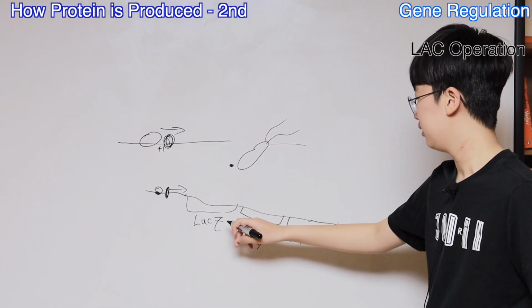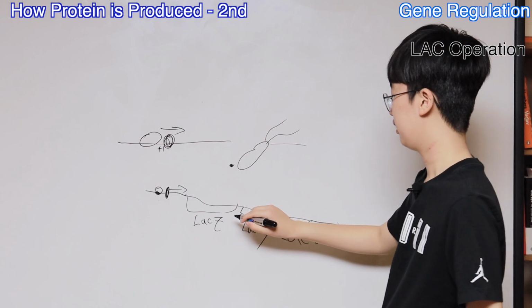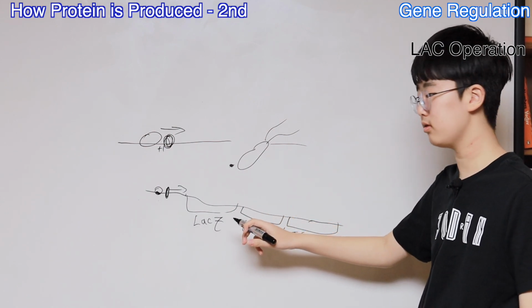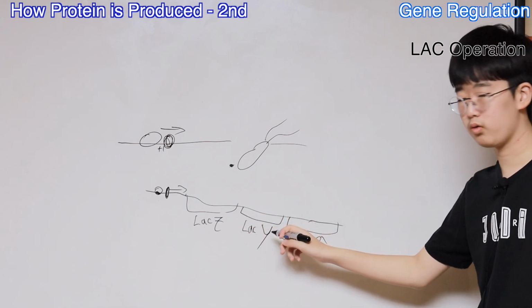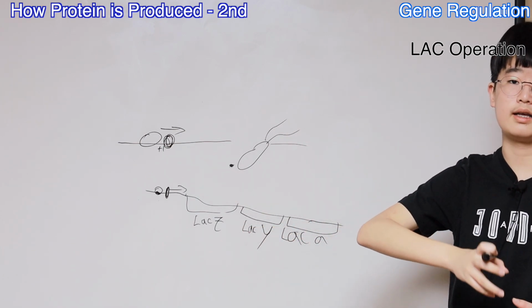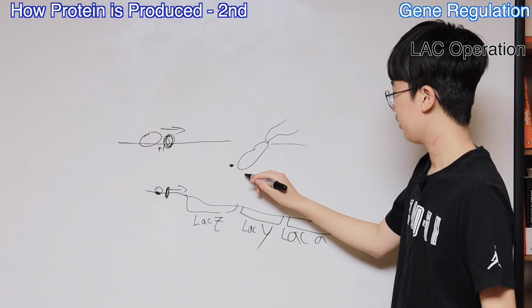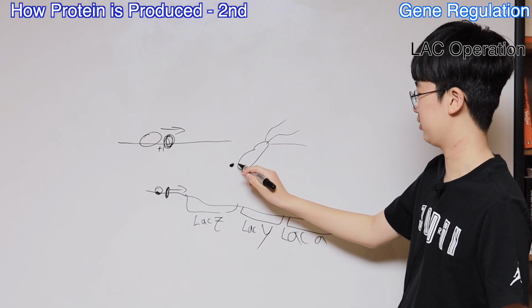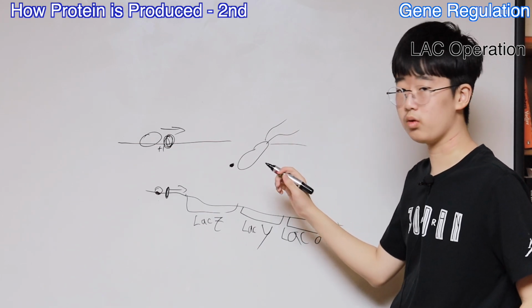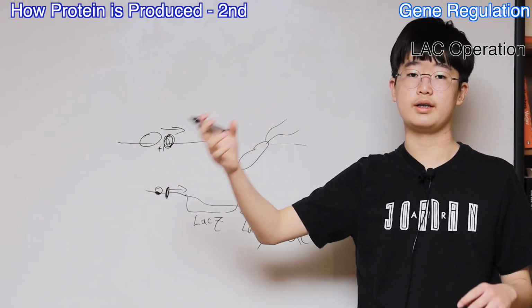So LAC-Z breaks down the lactose. LAC-Y brings in the lactose, because if there's lactose around, the E. coli would want the lactose.